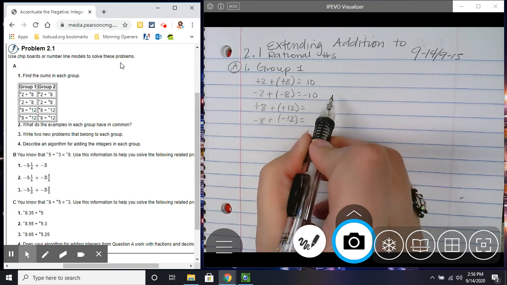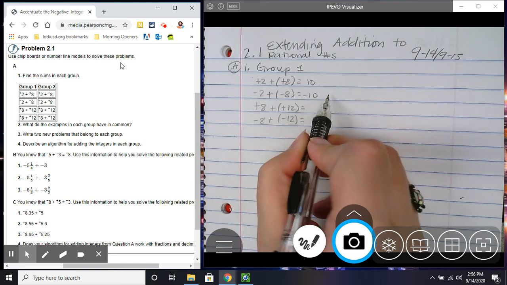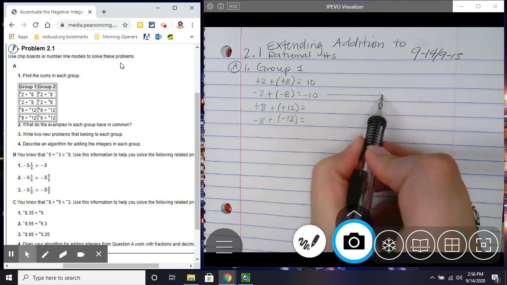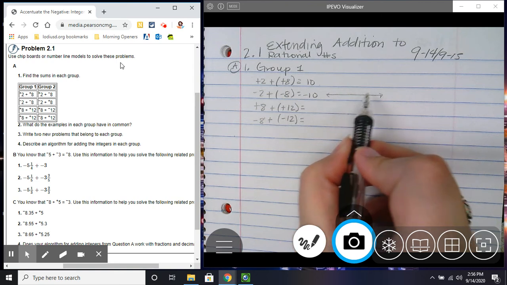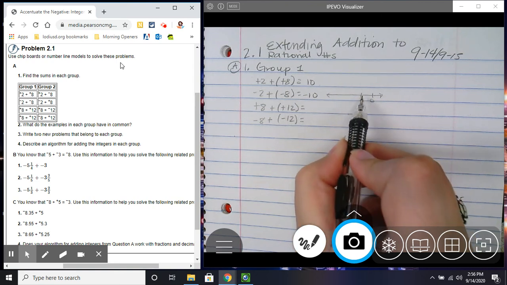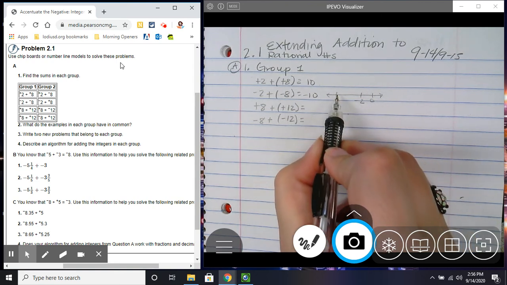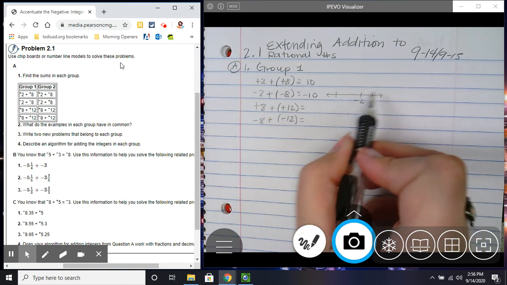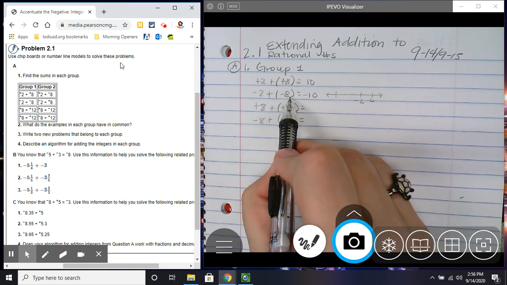If you need to use a number line here, you can. I think most of you are pretty solid on this. So again, if you want to use a number line, you just do this. And 0 would be over here, -2 would be here, and then you would have to figure out which direction you're going to go. So you're losing 8.